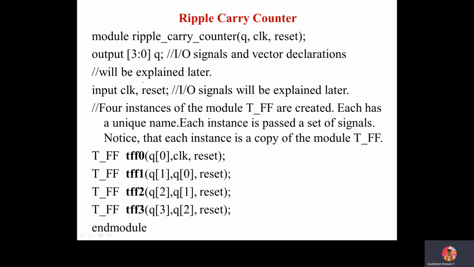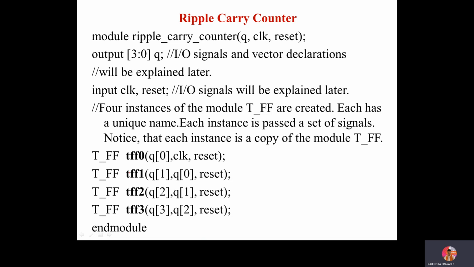There are 4 instances for this ripple carry counter. Which are the 4 instances from the block diagram? It was T flip flop 0, T flip flop 1, T flip flop 2, and T flip flop 3, which I have written on the board: TFF0, TFF1, TFF2, and TFF3.